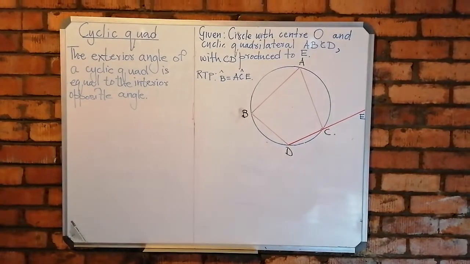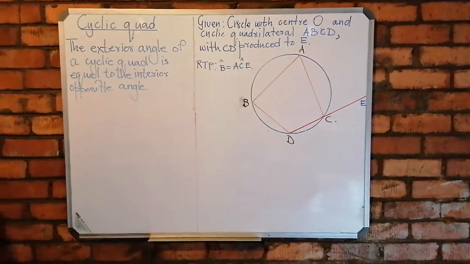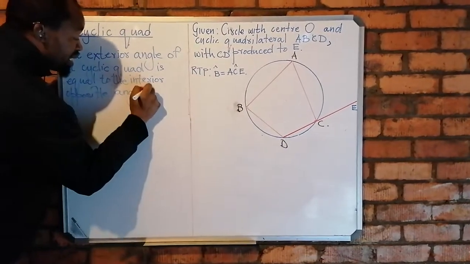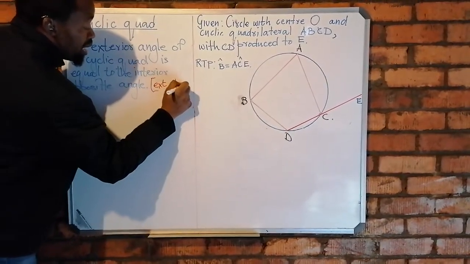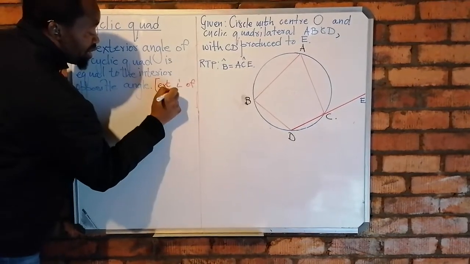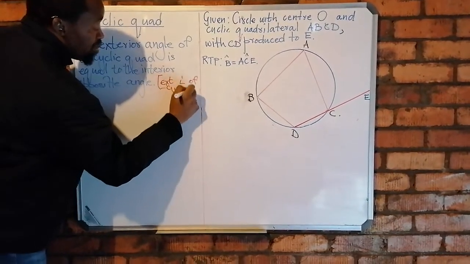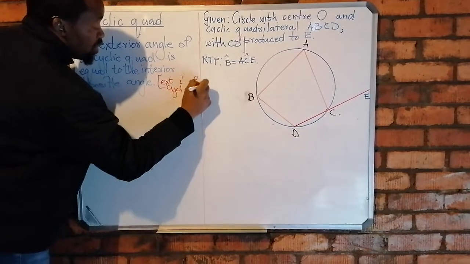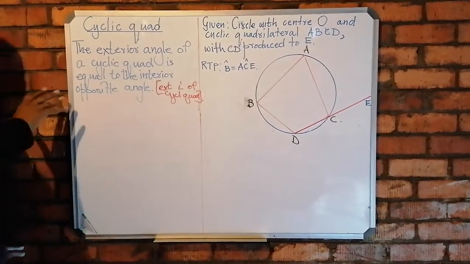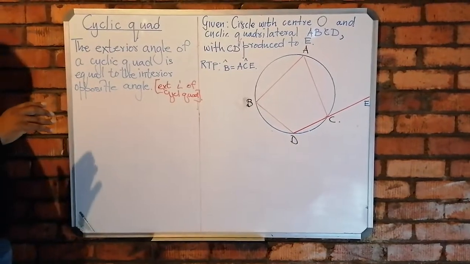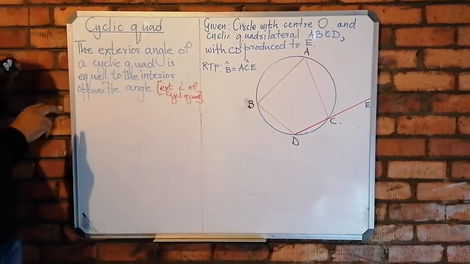As a reason, you now just say exterior angle of a cyclic quad. You don't have to write it in full, but understanding it is very important.